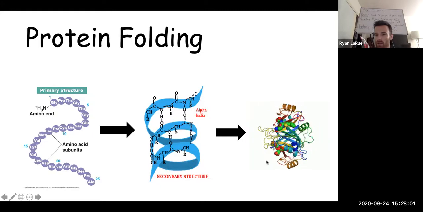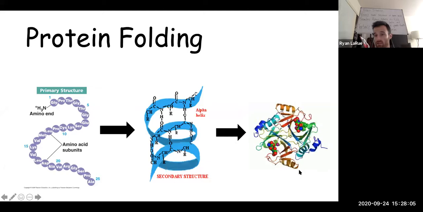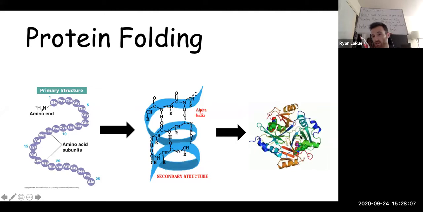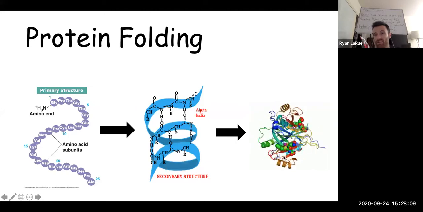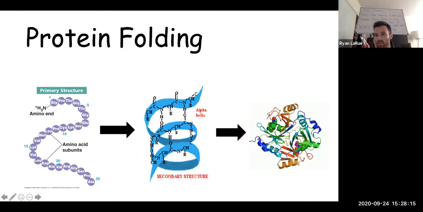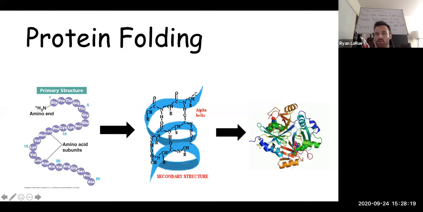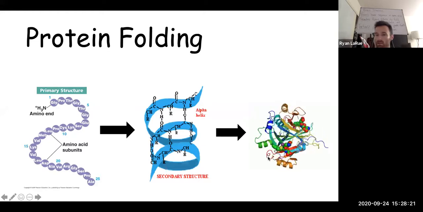And then realistically, this is actually what proteins kind of look like. There are these alpha helices. You can see some beta sheets in here. And they look kind of like confetti. They're kind of neat looking.